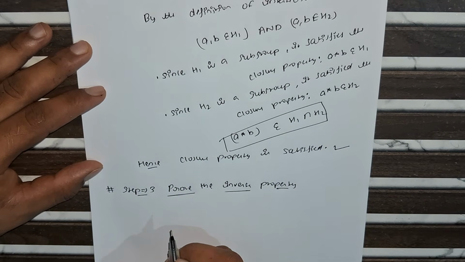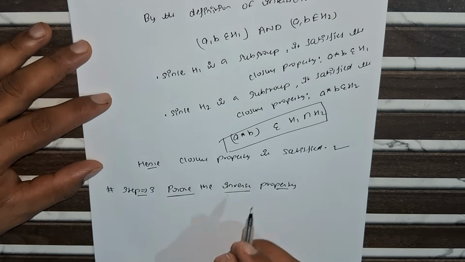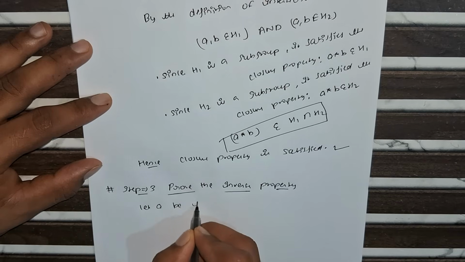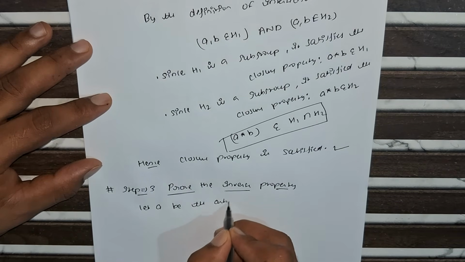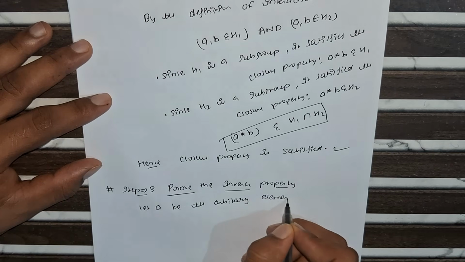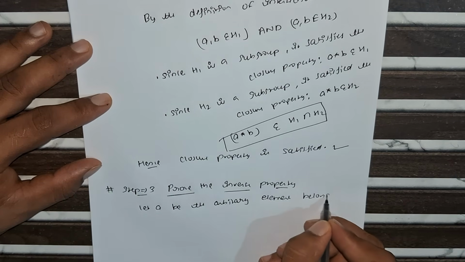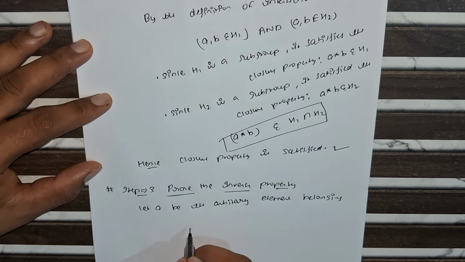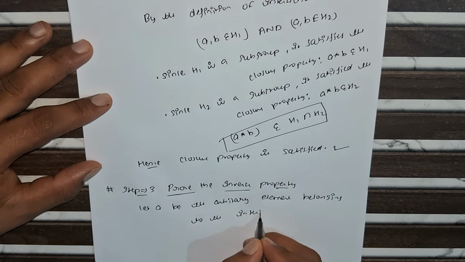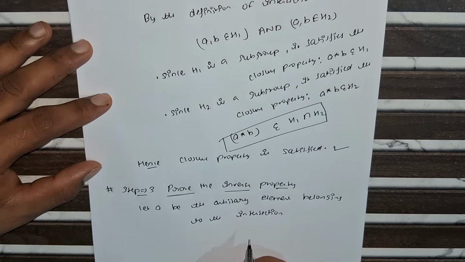So in this, again let A be an arbitrary element belonging to the intersection of H1 and H2. We can write it as: let A be an arbitrary element belonging to the intersection, which is A belongs to the intersection of H1 and H2.